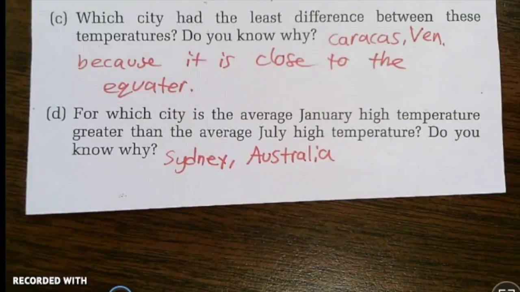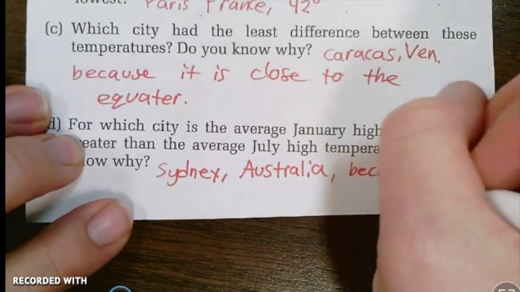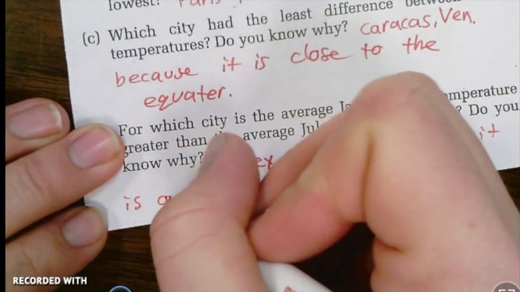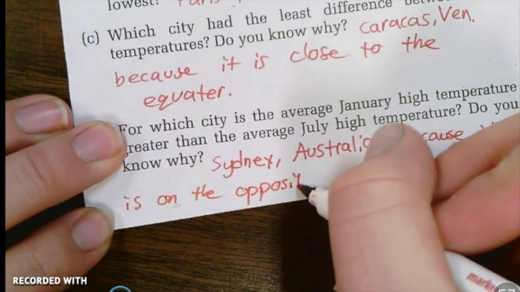It means that it's really hot in the December, January, February months, and it's very cold in the June, July, and August. So because it is on the opposite side of the equator.